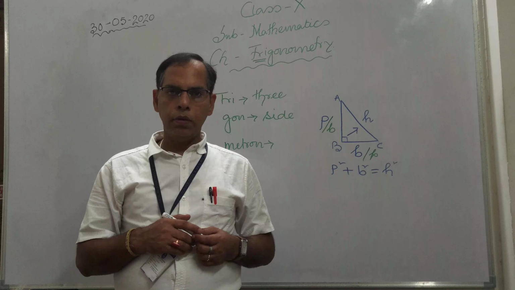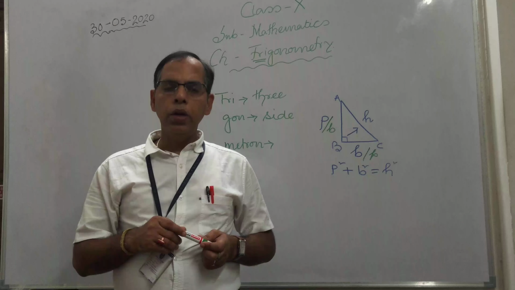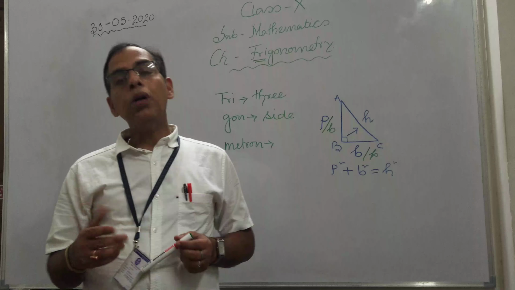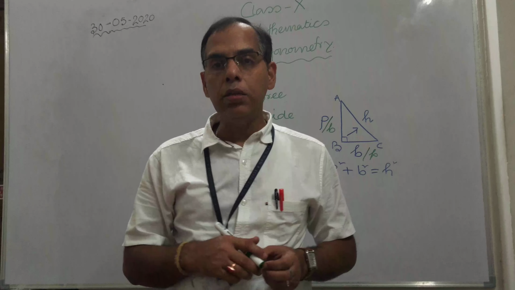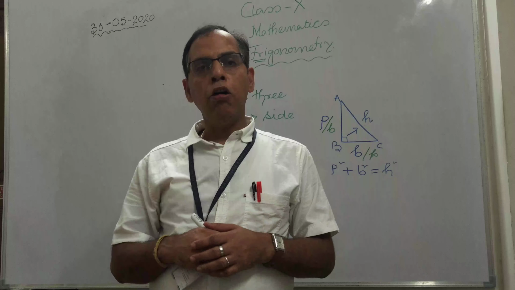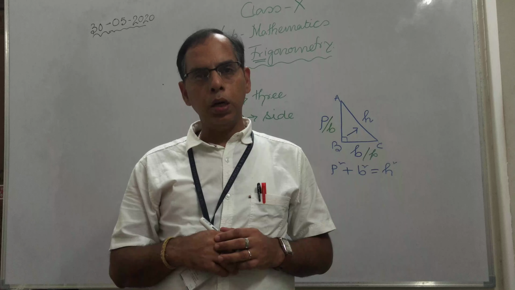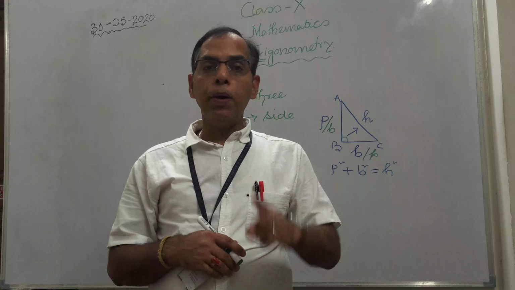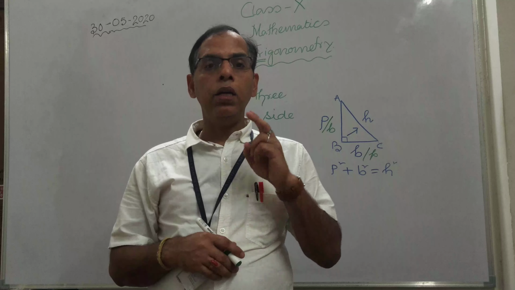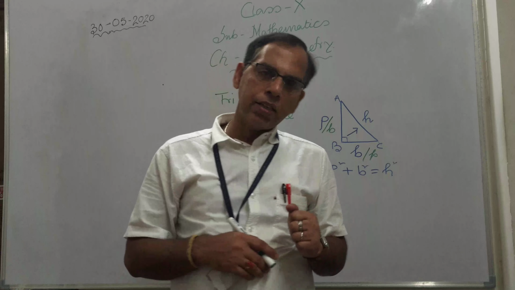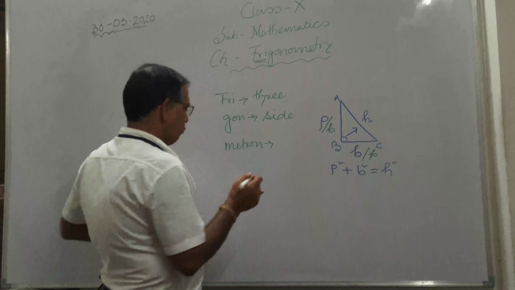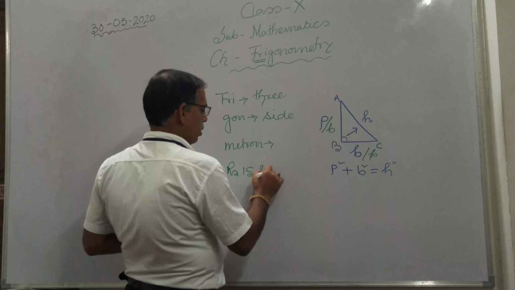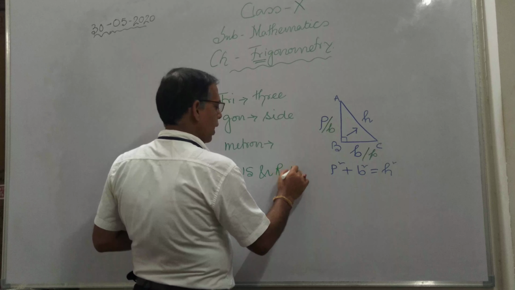So, in trigonometry, we will study the ratios of trigonometry. Now, what is a ratio? Ratio means comparison of two same kind quantities. Suppose I ask you, what is the ratio of rupees 15 and rupees 10?